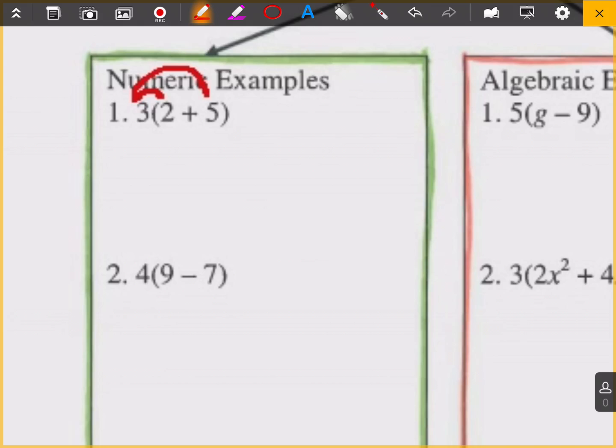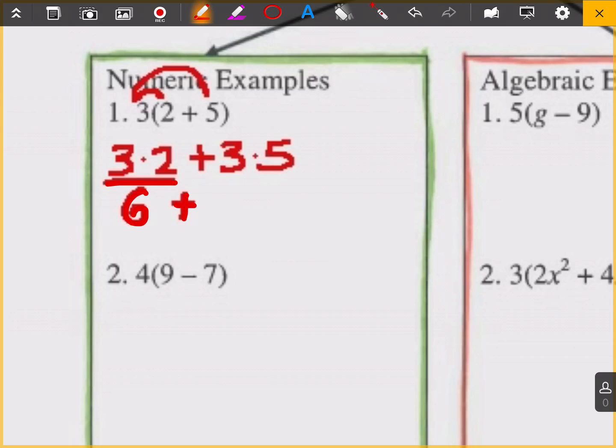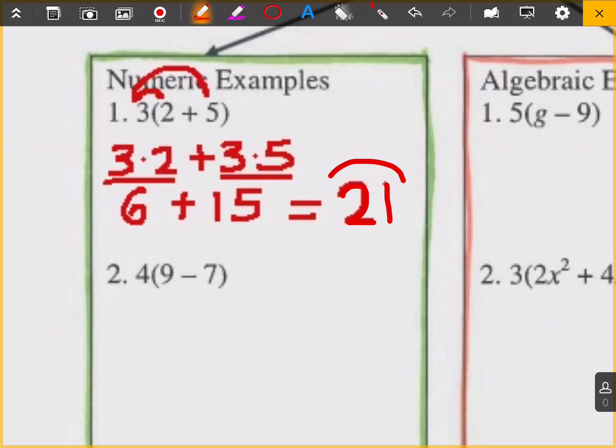So I'm going to rewrite this as 3 times 2 plus 3 times 5. Once we get here, we can go through solving each piece. 3 times 2 is 6. Bring down my plus sign. 3 times 5 is 15. And then 6 plus 15 equals 21.